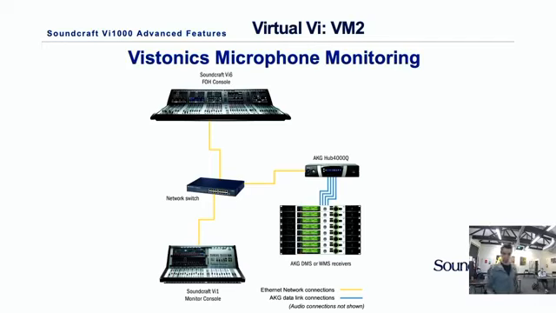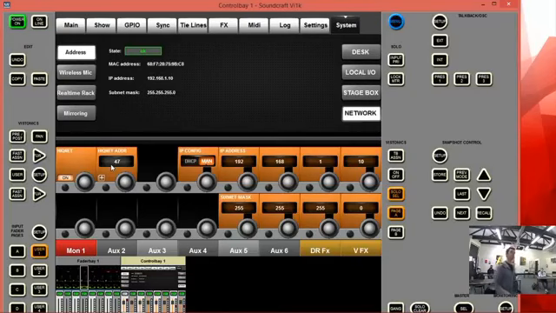Oh, it's actually not. So the next thing following on when it comes to the network is linking more than one console together. So there's a whole bunch of applications here. As I said yesterday, probably the most common one is when the client is asking you for a backup console. So say it's a very important show and they want a main console and a backup console.